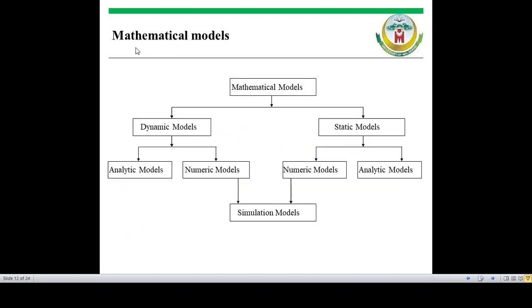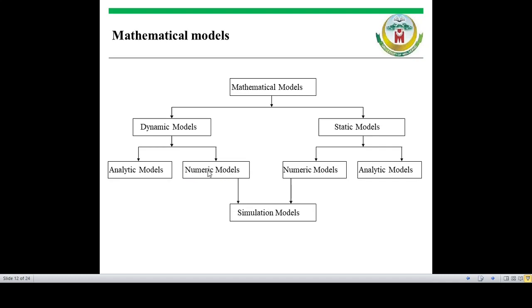And now we come to mathematical models, which are actually the topic of our interest. Mathematical models are of two types: dynamic models and static models. We can represent dynamic models through analytical models and numeric models, and we can also represent static models through numeric models or analytical models.